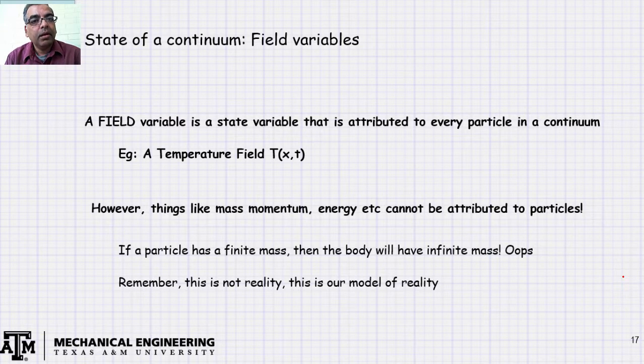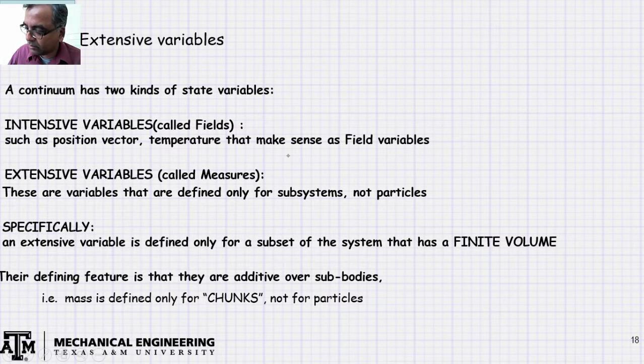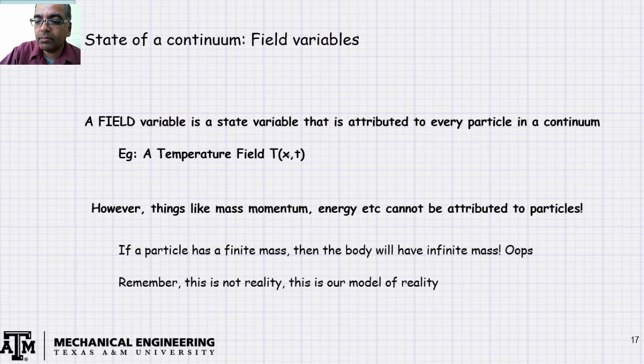So, in order to talk about the space of a continuum, you have to introduce what is called a field variable. A field variable is a state variable that is attributed to every particle in a continuum. For example, when we talk about a temperature field, T of x comma t, it says temperature at particle x at time t.